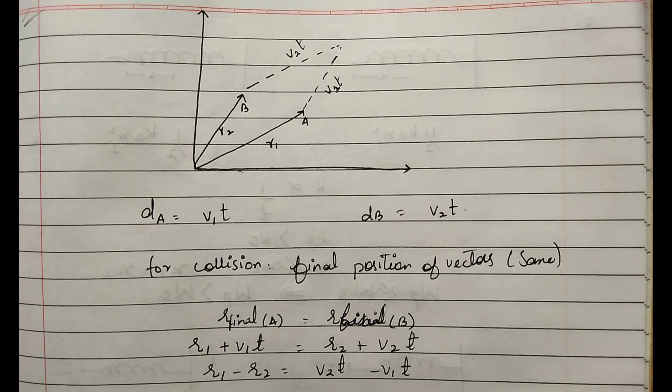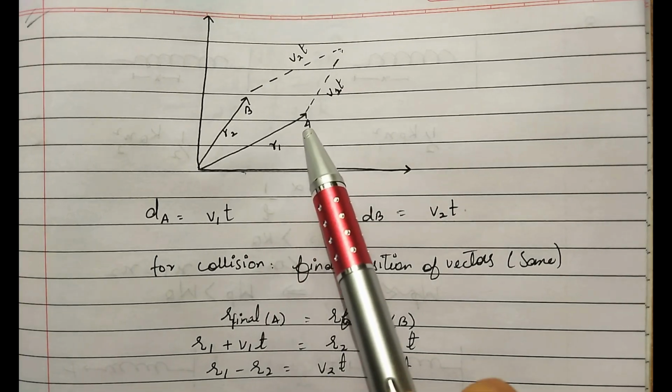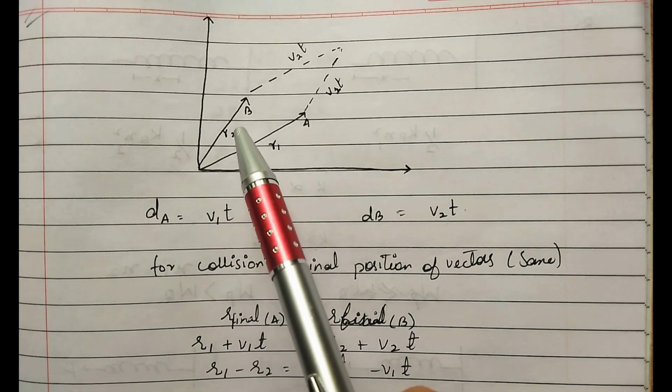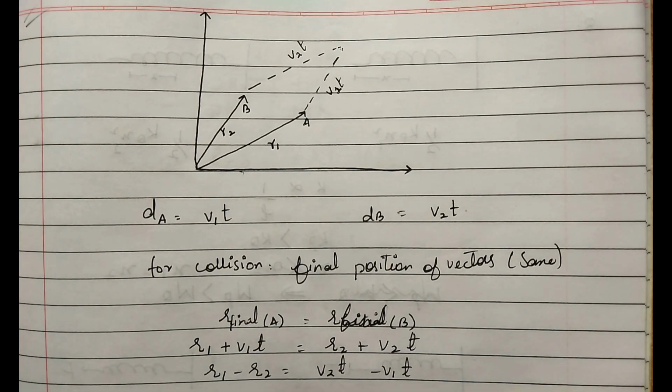So for collision, we know that their final position vectors should be the same. Position vectors means that this entire position vector should be equal to this entire position vector, only then will the two particles A and B collide.